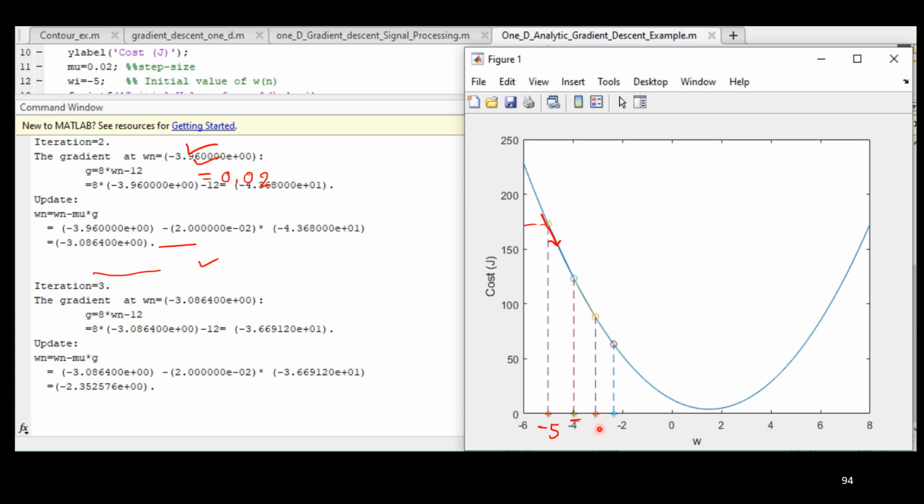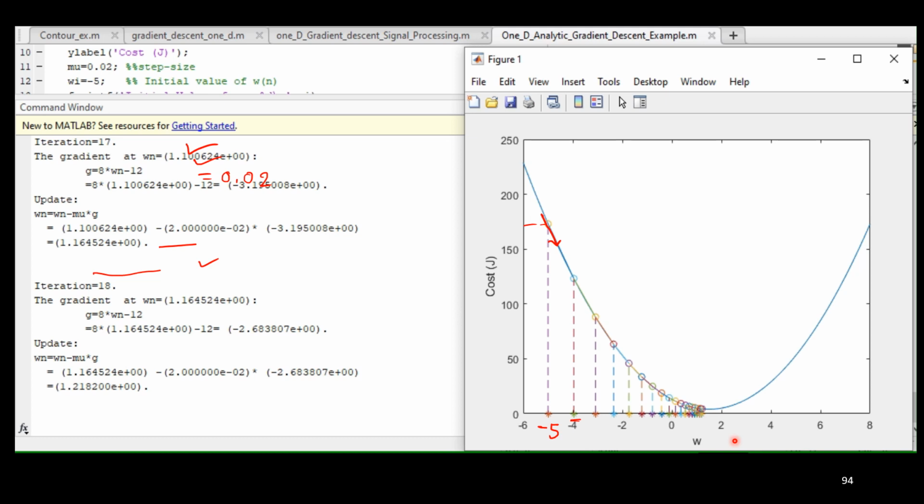And you see every time the point is moving towards the optimum point, which is at 1.5, and it is coming closer. At iteration number 10, 11, it is approaching it. It is now on the positive side, more than 1 right now.